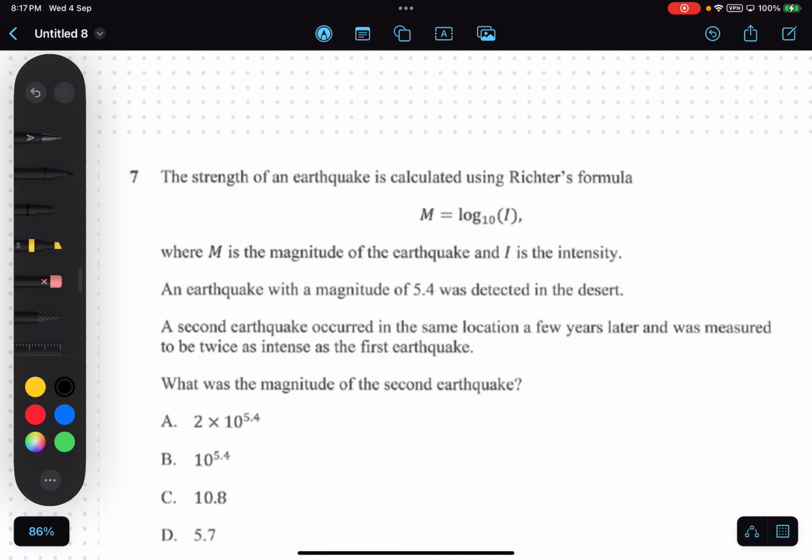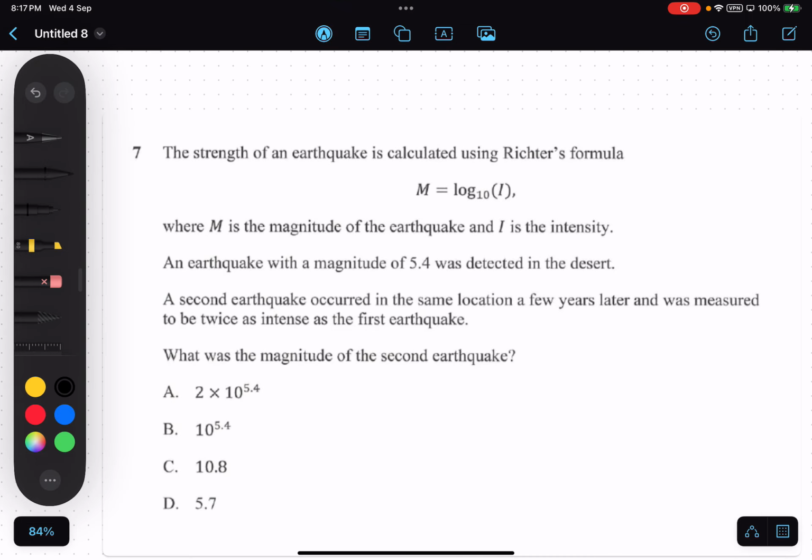Question 7. This question I definitely screwed up, guys. Alright, it says, the strength of an earthquake is calculated using Richter's formula. M equals log 10 of I, where M is the magnitude of the earthquake and I is the intensity.